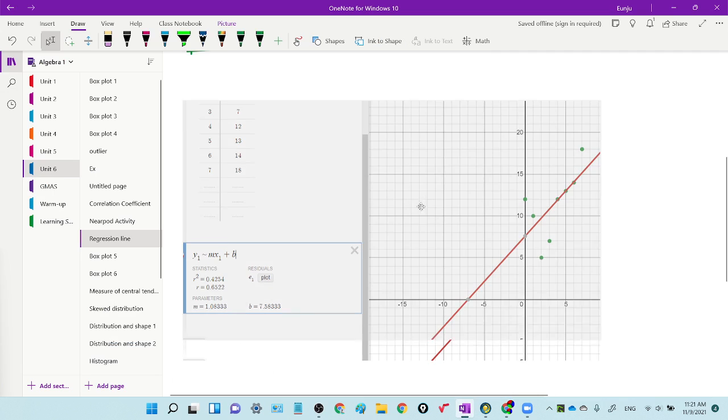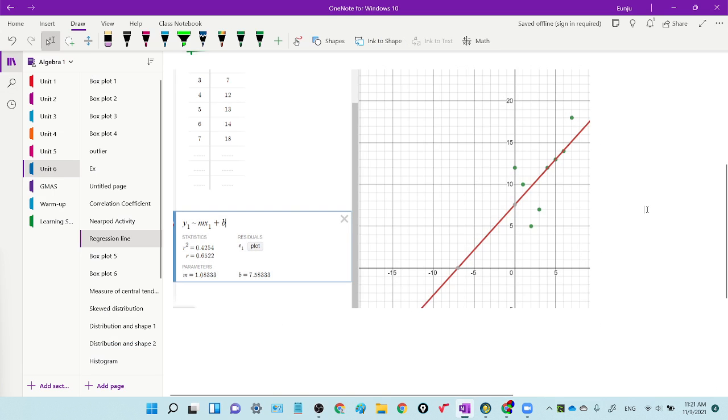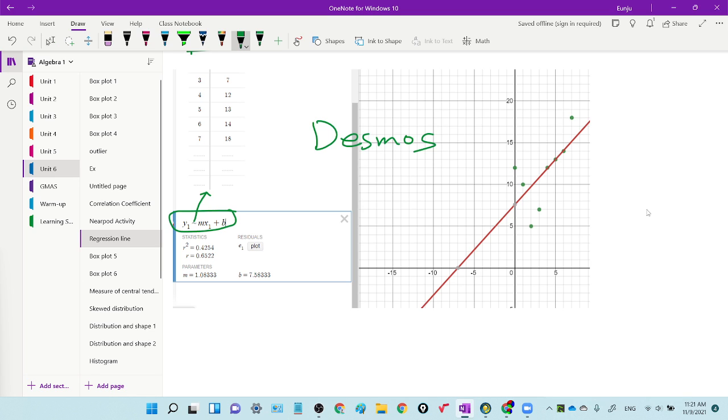So on my Desmos, I put this notation, and this is tilde, okay? Tilde is next to the number 1 button, okay? So use Shift button and the button next to number 1, okay?